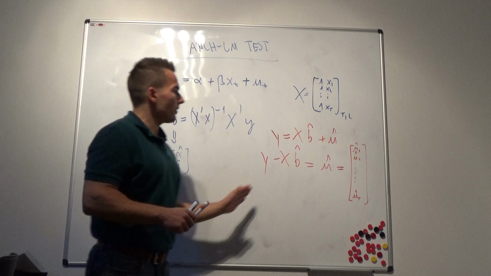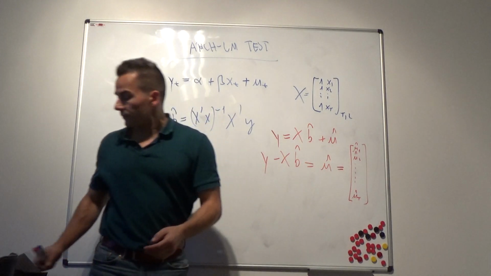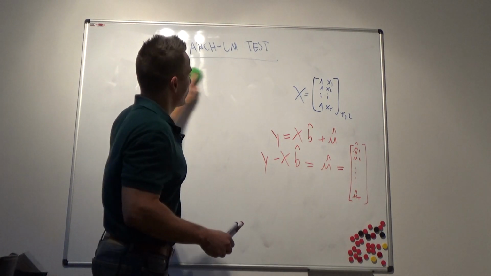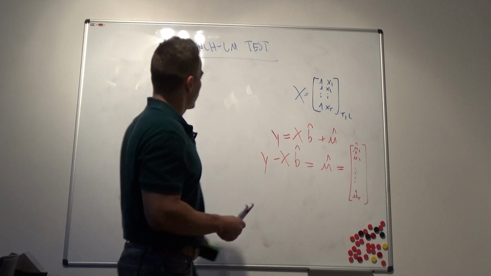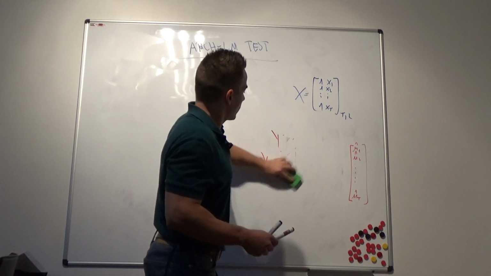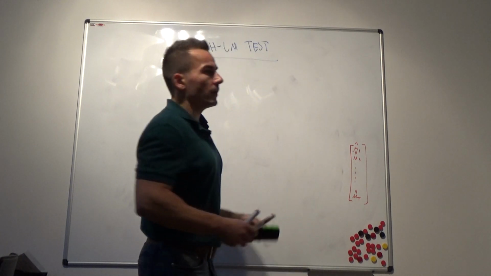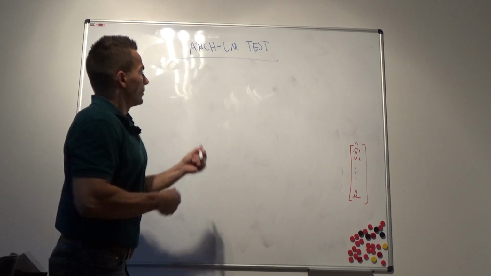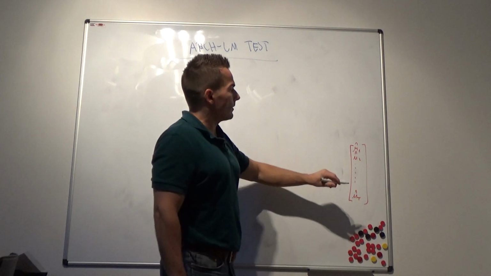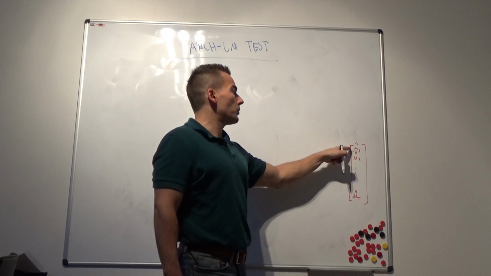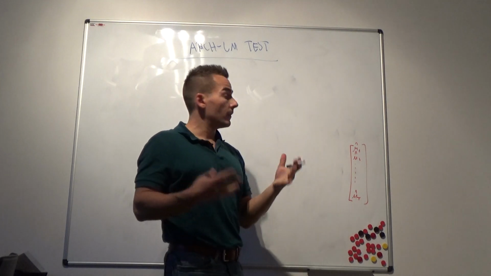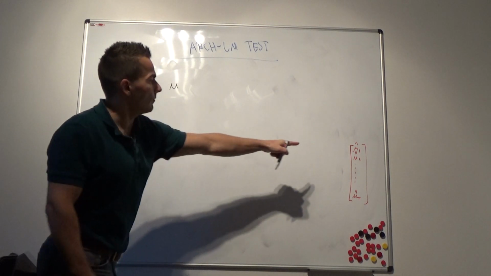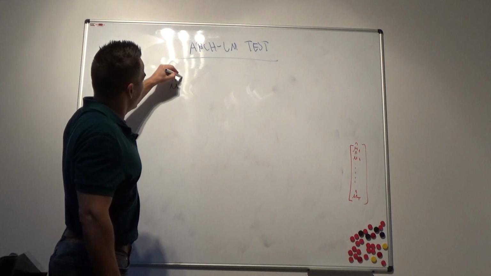So once we have done that, we grab this vector from this regression, yeah? And now we can do a so-called auxiliary regression. We take this vector and square each element in this vector. So we can run a second regression model where we use the estimated residuals squared.